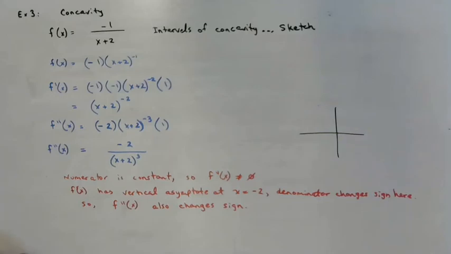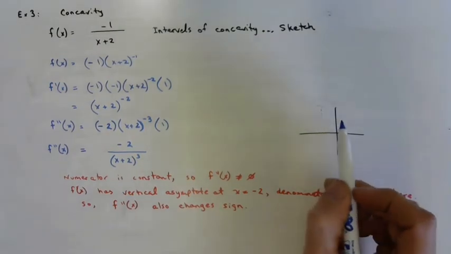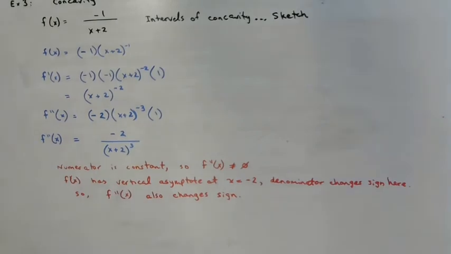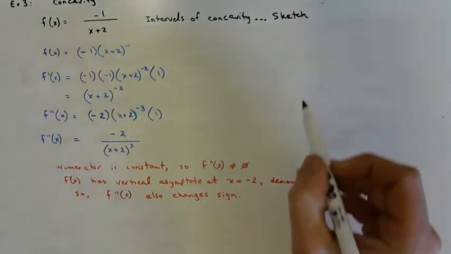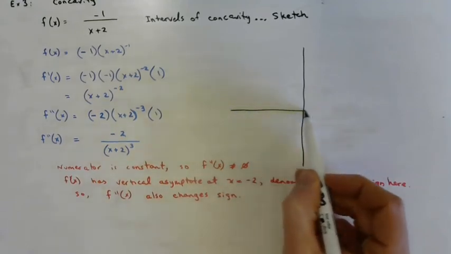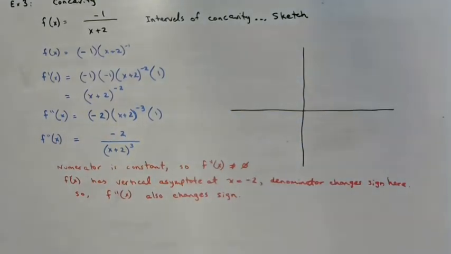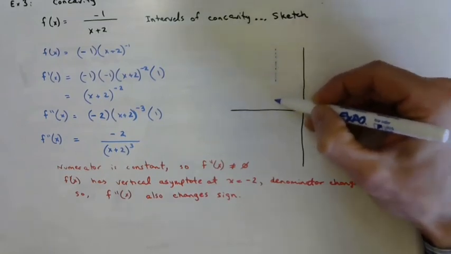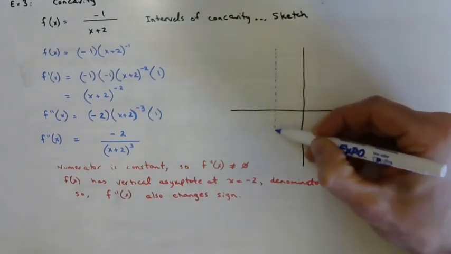Remember, the second derivative talks about being concave up or concave down. Because we're sketching it anyway, maybe I'll just make that drawing bigger. You can sketch yours wherever. So we have an asymptote at x equals -2.